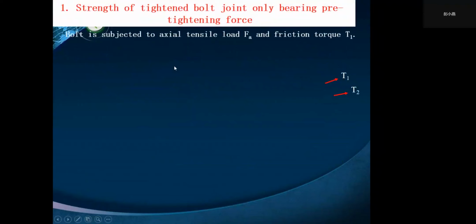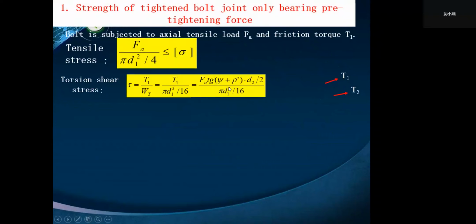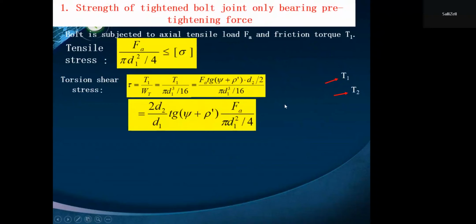So for the first case, the tightened bolt joint only bearing preload, let's do the strength analysis of the bolt joint.